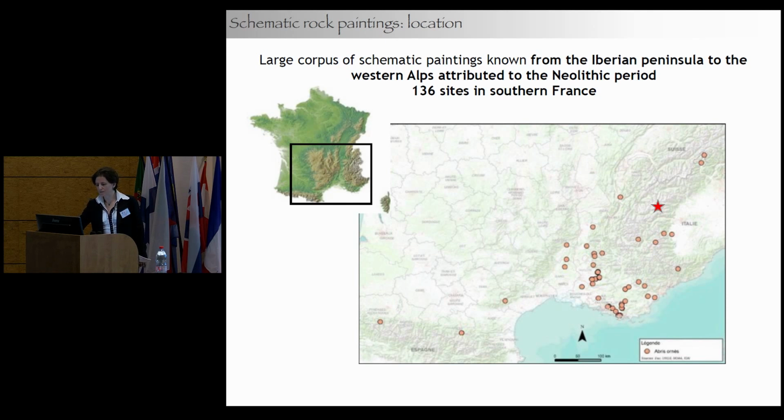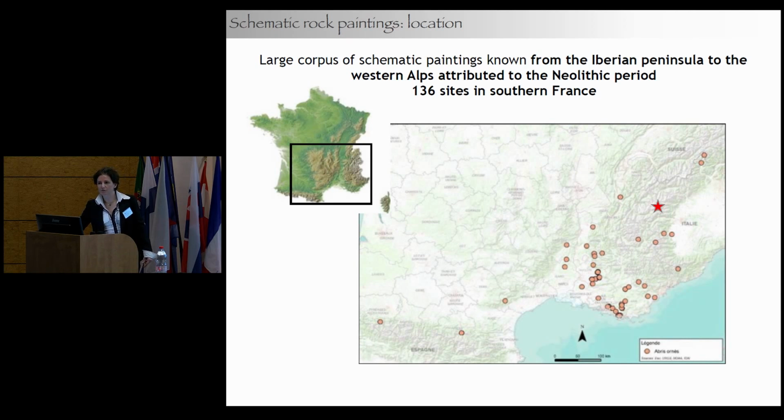So this corpus presents 1,036 sites, and obviously it's difficult to study all of these sites. Only one archaeologist tried to understand this corpus of schematic paintings.